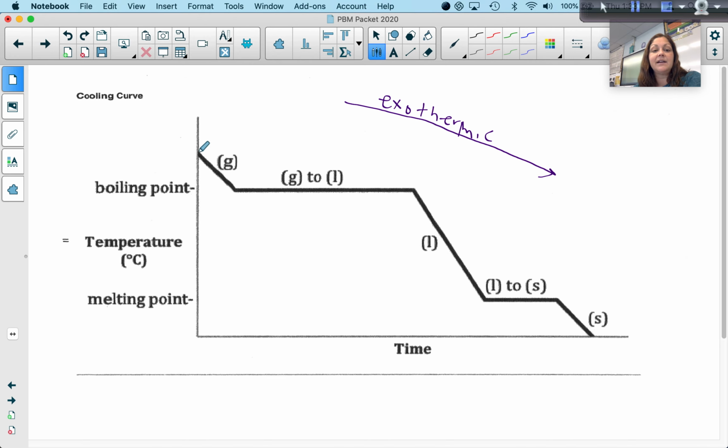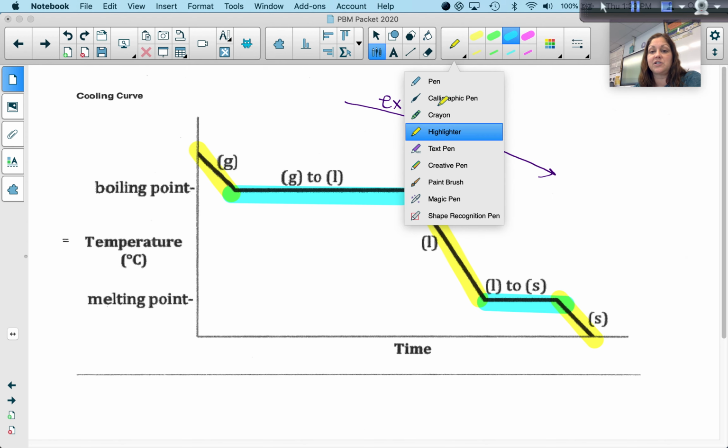And again, single phases exist when the line is slanted, so gas only, liquid only, solid only. And when the line is parallel to the x-axis, those would be our phase changes.